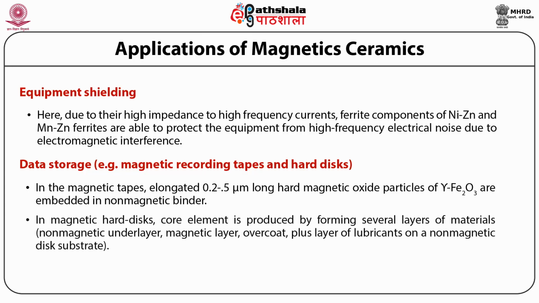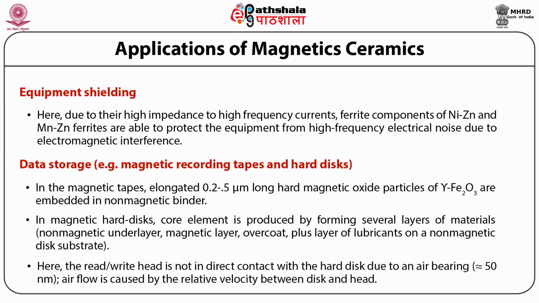In magnetic hard disks, the core element is produced by forming several layers of materials. Here, the read-write head is not in direct contact with the hard disk due to an air bearing. Airflow is caused by the relative velocity between disk and head.